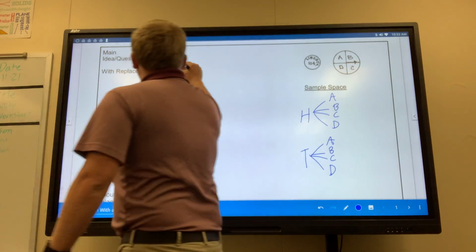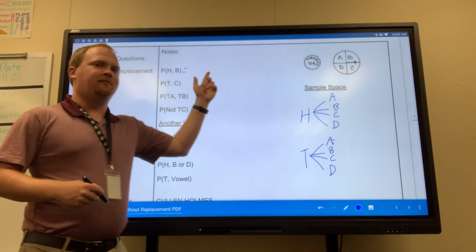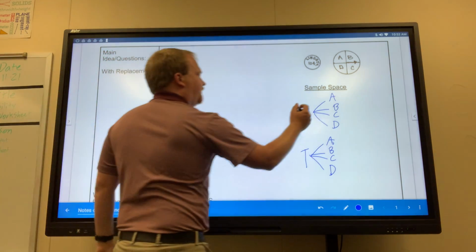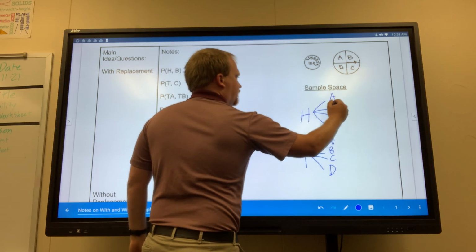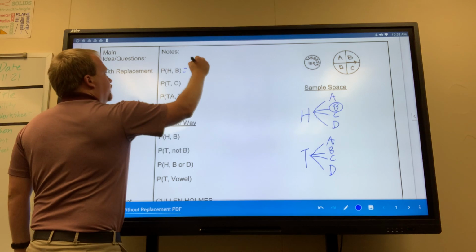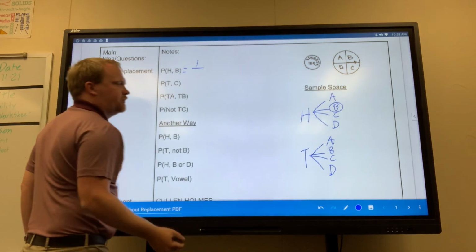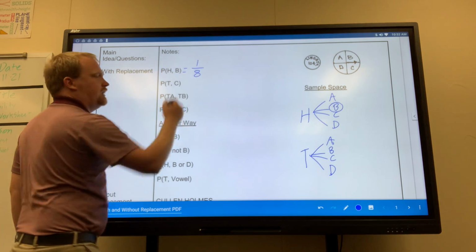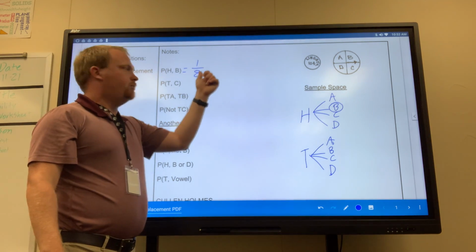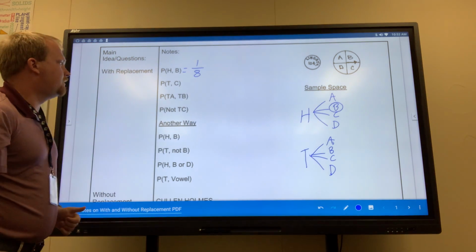If I'm looking at the probability of getting heads and then a B, first off, I get a head and then a B. So there's only one possible outcome out of the total number of 8. So the chances of getting a heads and a B is 1 out of 8.